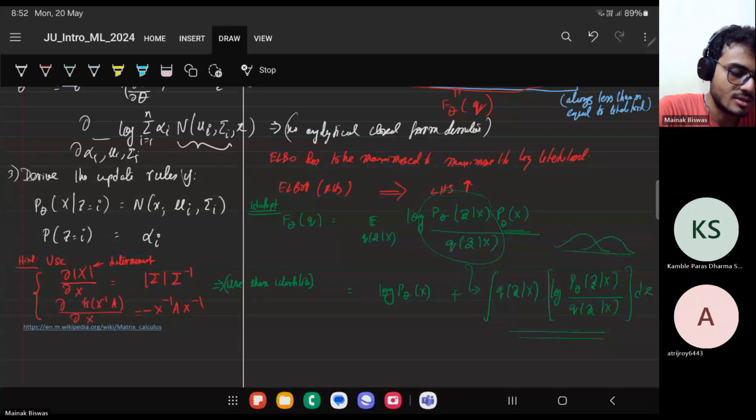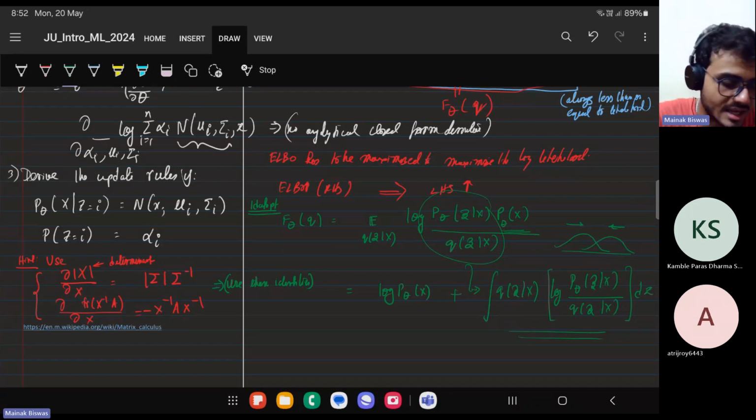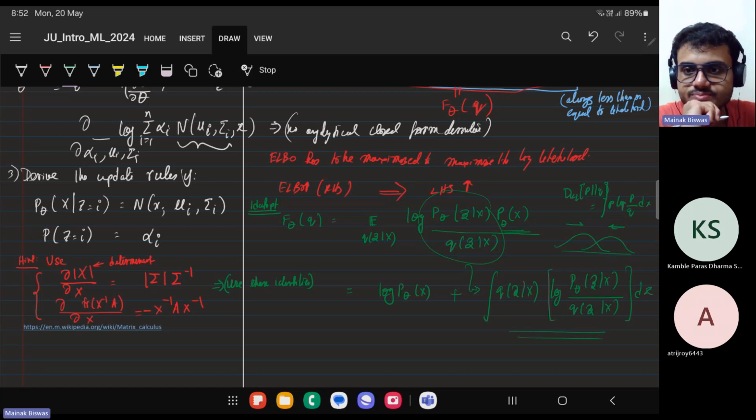Two distributions. We tried to minimize the distance between them when we started with how to learn models, what is actually log likelihood. It was actually the KL divergence between the data and the model. The KL of P and Q was integral of P log P by Q, whatever, if X was the random variable.